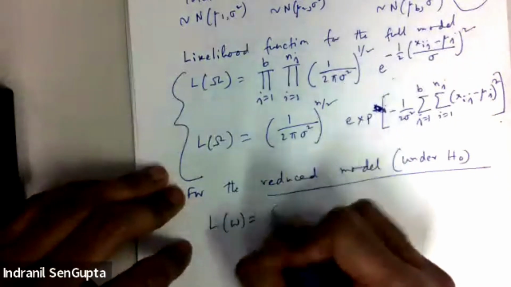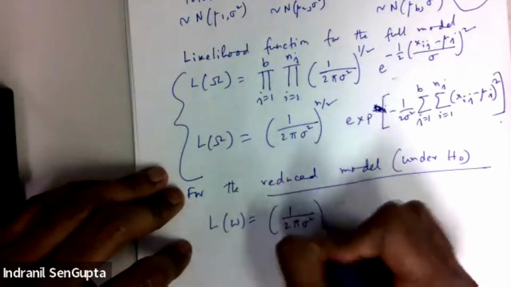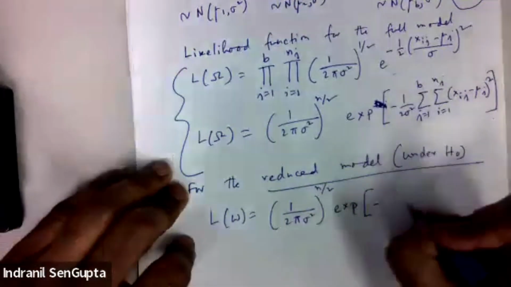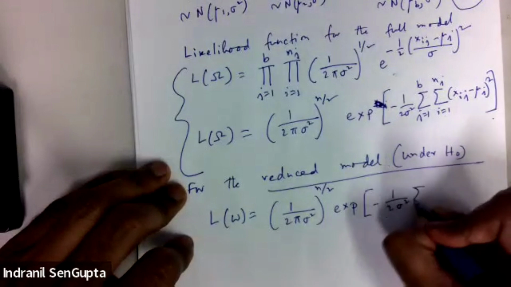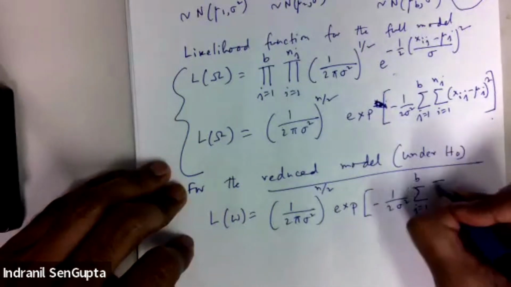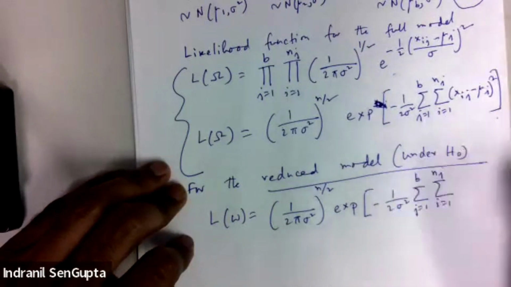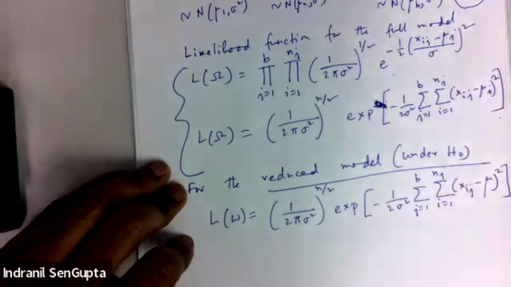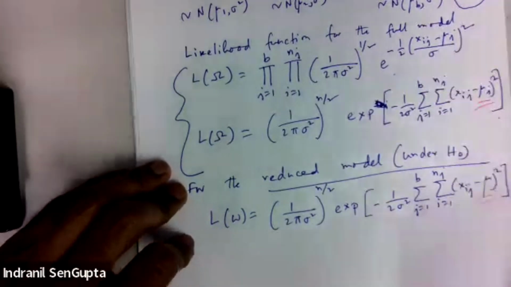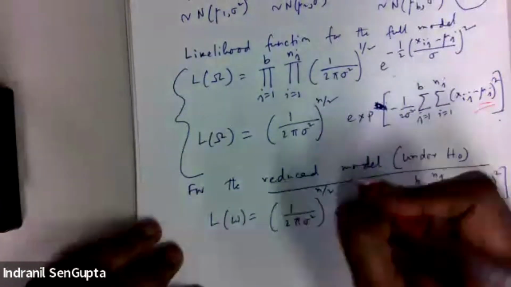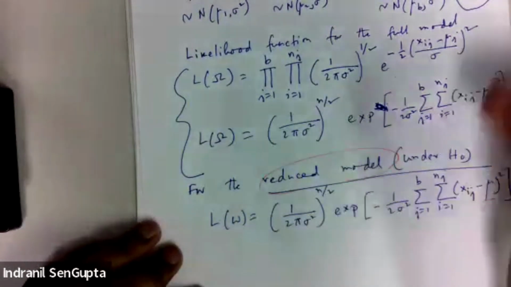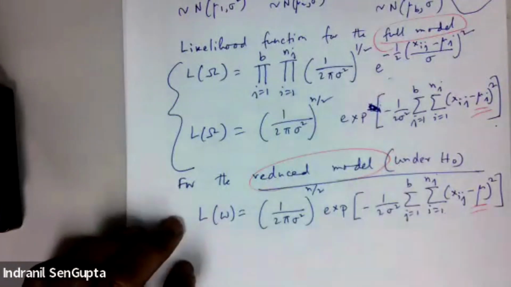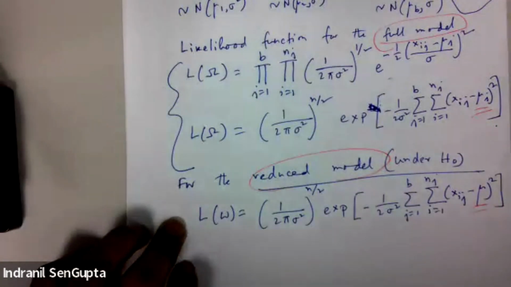So I'll write the same thing: 1 over 2 pi sigma squared to the n over 2, e to the power of minus 1 over 2 sigma squared, summation j from 1 to b, summation i from 1 to n sub j, of xij minus mu, squared. The only change is that now I have mu instead of mu j. This is the key: for the reduced model we have mu, and for the full model we have mu j. So this is the likelihood function under the null hypothesis.